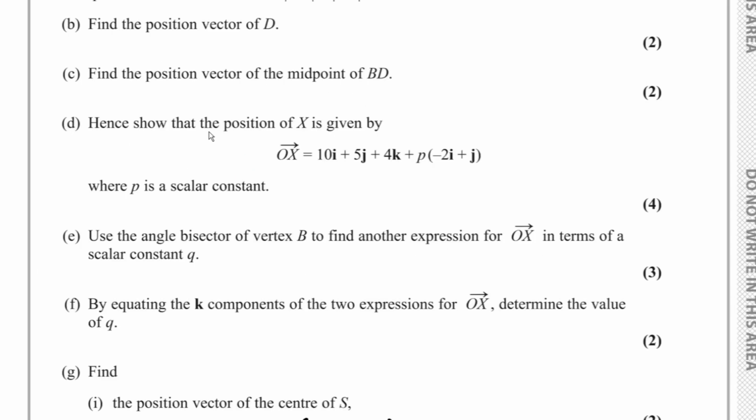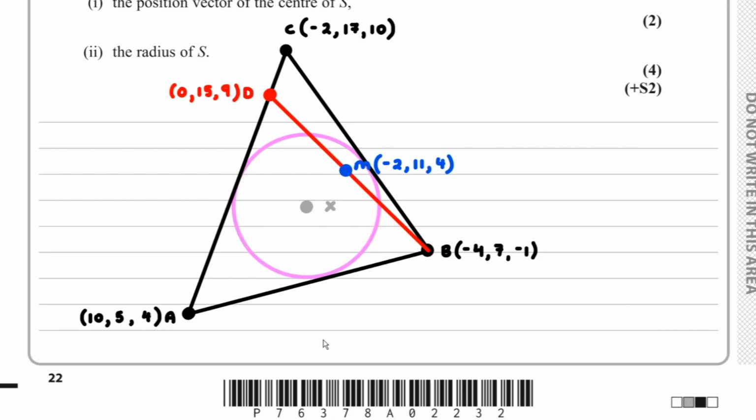Part D. Hence show that the position vector of X is given by OX equals 10i plus 5j plus 4k plus p multiplied by negative 2i plus j, where p is a scalar constant. What we need to recognize in this question is that we will be considering the triangle ABD.